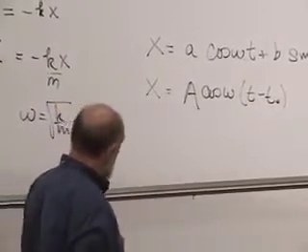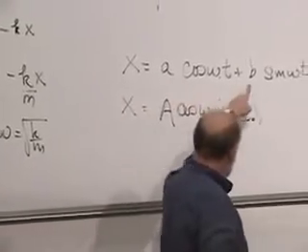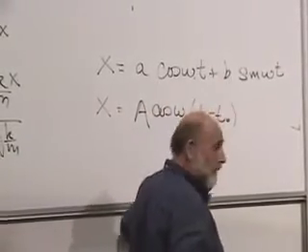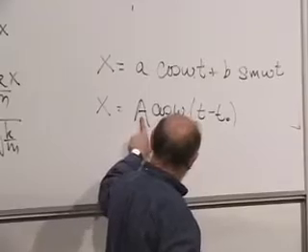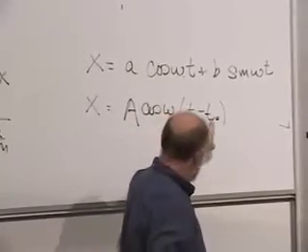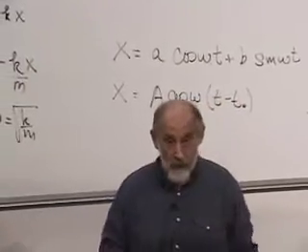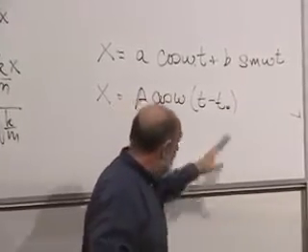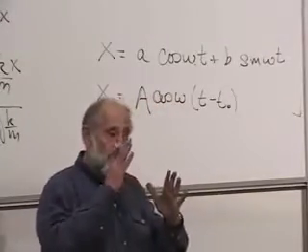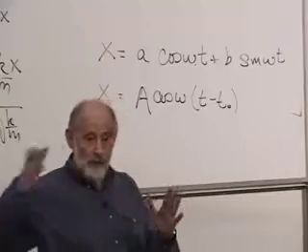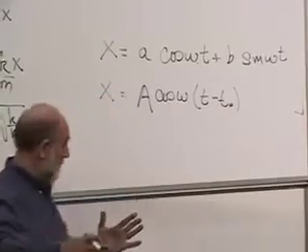In other words, you can either write the general solution in this form with two coefficients a and b, or in this form with a coefficient that's called the amplitude, and this one is called the phase. In this form, t naught is the time at which the oscillation reaches its maximum.